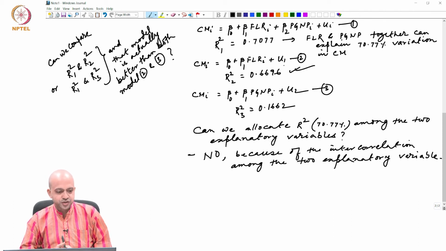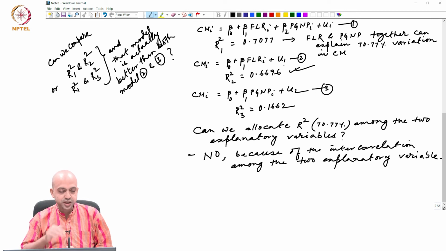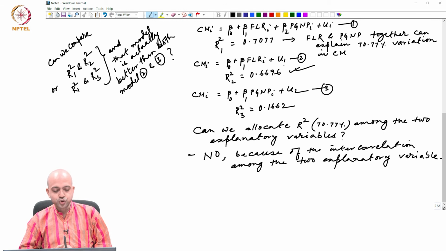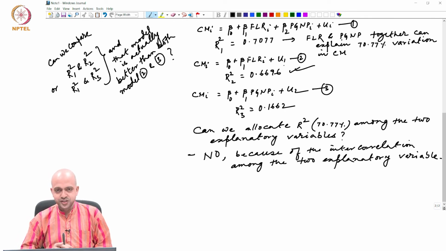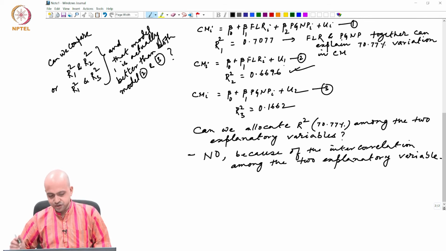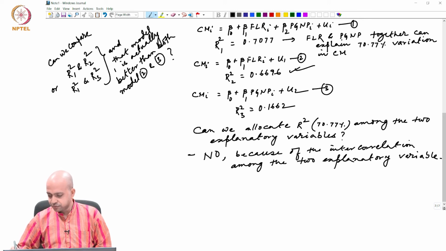Because of this comparison, can we say that model 1 is actually better than model 2 and 3? That means, indirectly, the question we are posing is: can we compare R1 square with R2 square and R3 square and decide which model is better than the other one? The answer is again no. We cannot decide the suitability of a particular model based on only R square. What is the reason? Let us try to explain that.